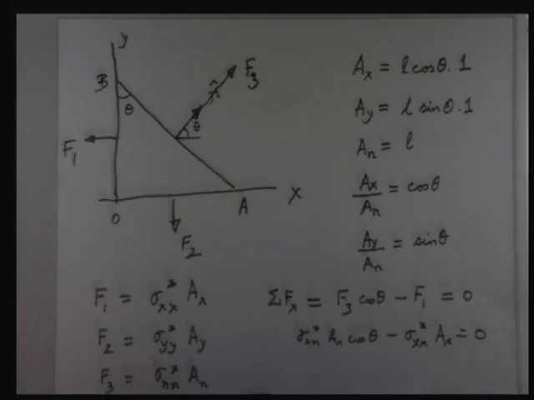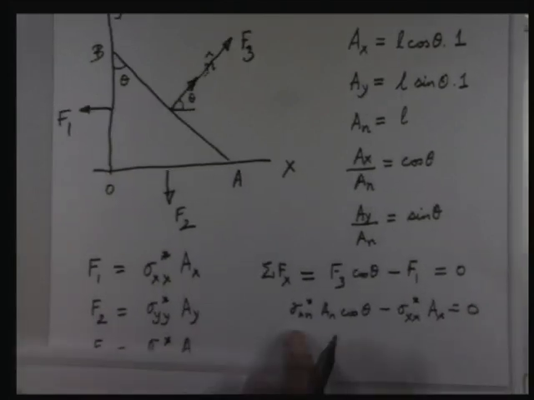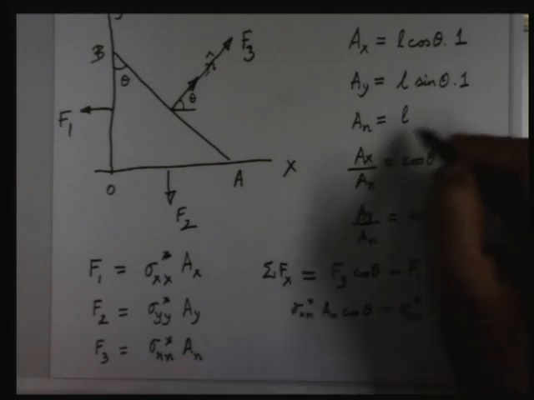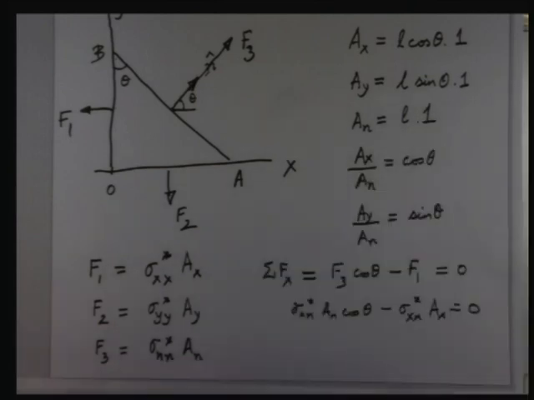So that gives you a relation between sigma nn star and sigma xx. Now AN is L into 1 and AX is L times cos theta. So if you multiply AN by cos theta here, this will cancel with AX.